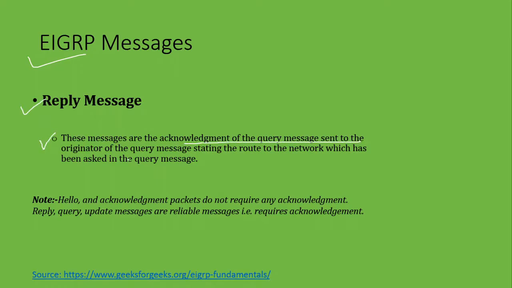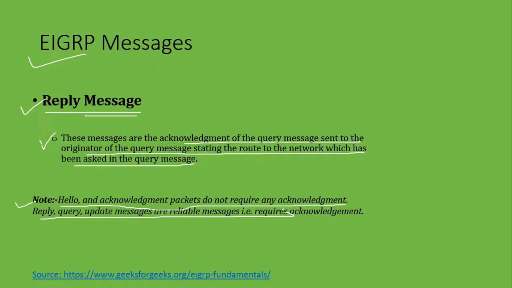Reply messages are the acknowledgement sent to the originator of the query message, stating the route to the network which has been asked for in the query message. Also do remember that hello and acknowledgement packets do not require any acknowledgement. Only reply, query and update messages are reliable messages, that is, they require acknowledgement.